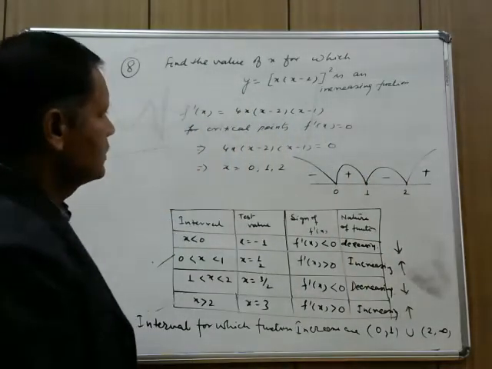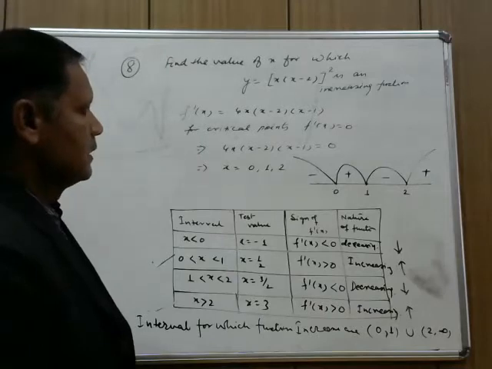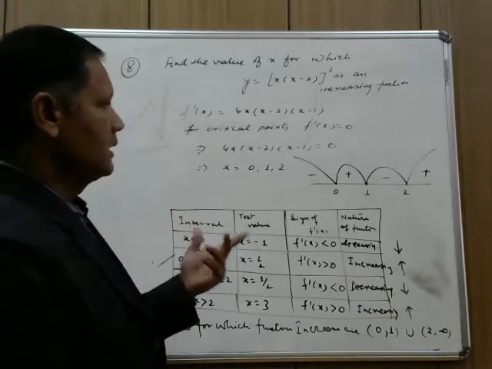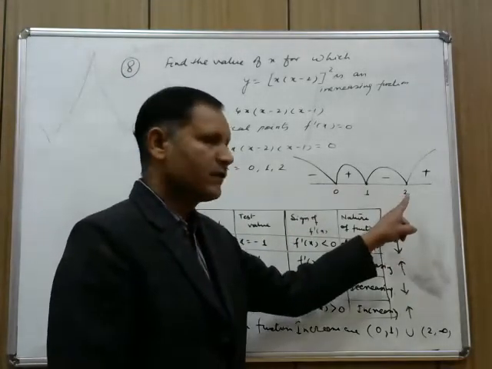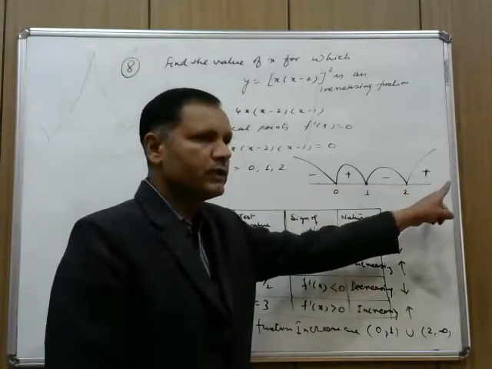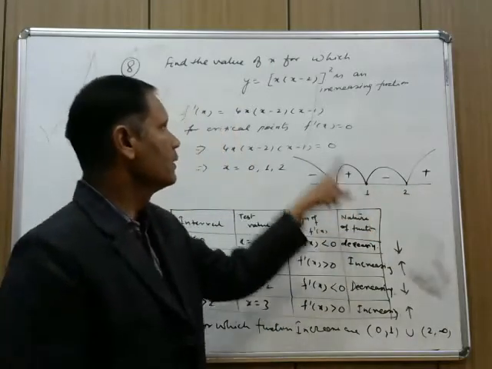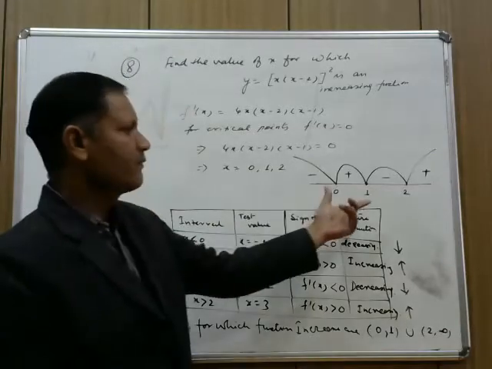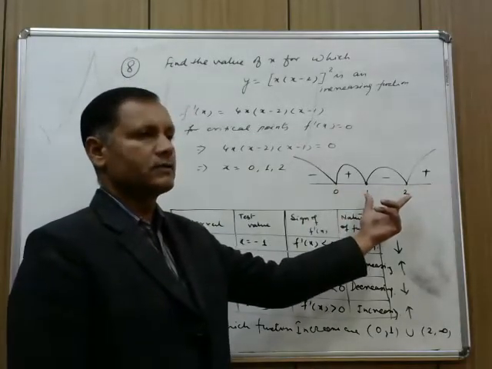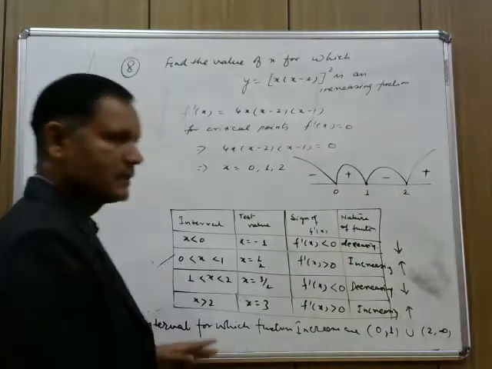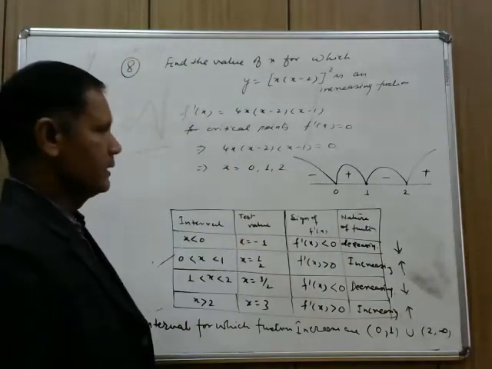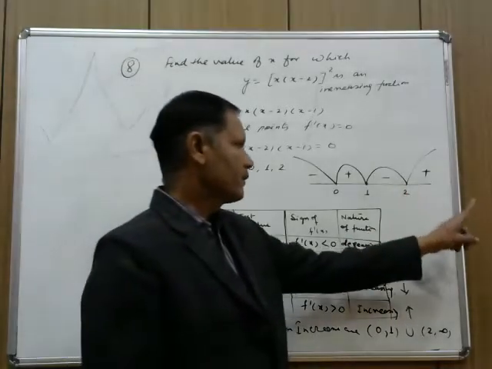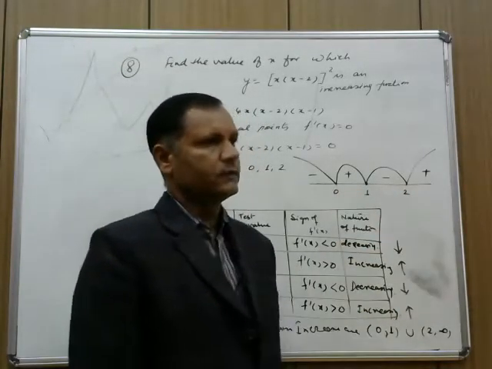The question asked, tell me the interval in which the given function is increasing. Now from this it is very clear, the function is increasing in the interval 2 to infinity and 0 to 1. I can write this from this line also.